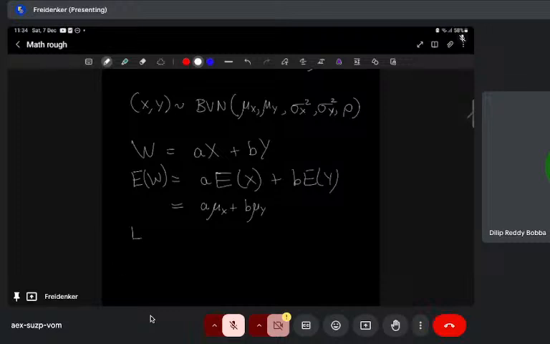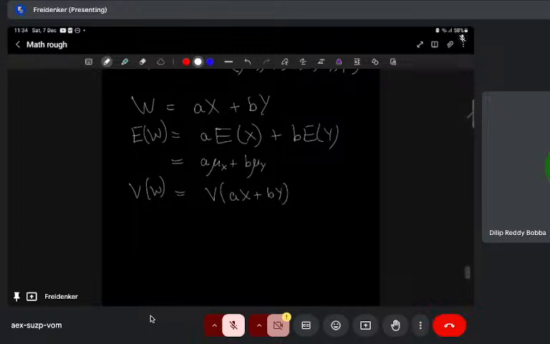Then what is the variance of w? Variance of w is variance of ax plus by, and this is nothing but a square variance of x plus b square variance of y. X and y need not be independent, so you'll get an extra term.